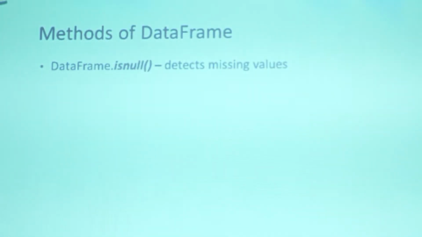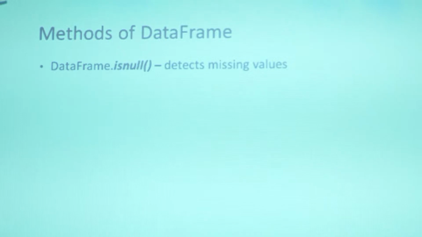So as I continue today's class, methods of data frame, the next method that we are going to see is the isNull method. What is the isNull method giving you? It is going to tell you if there are any missing values in your data frame, all null objects which are present.